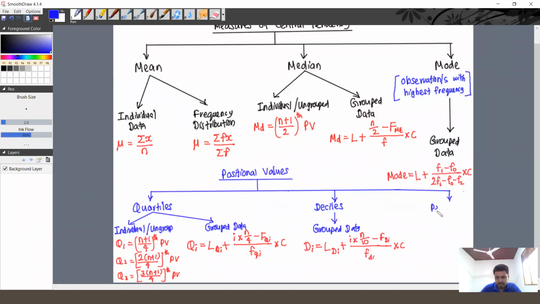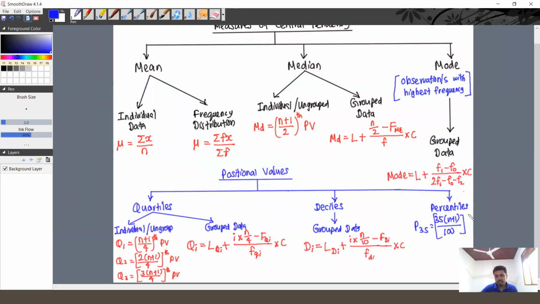And the other one is percentiles. Percentiles. The method for individual ungrouped data is the same. For example, if we need to get the P35 value, how can we find that? 35 into n plus 1. This time we are dividing our data set into 100 equal parts. Therefore, we need to divide this by 100.